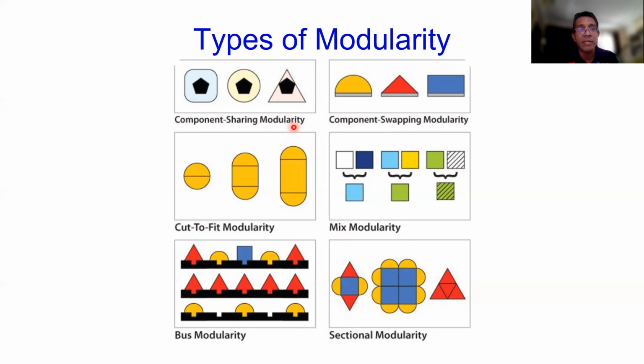They have different names for the slot, but there are other types: bus modularity and sectional modularity. So just to give you more input, this is the type of modularity. This one is based on component sharing, this one on cut to fit, and this one based on mix. All right.